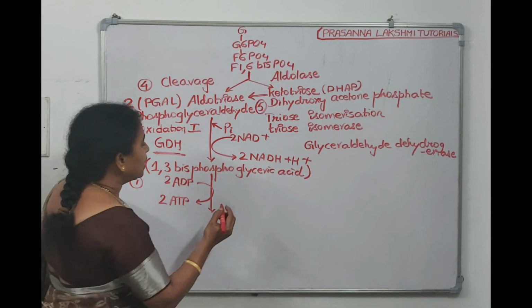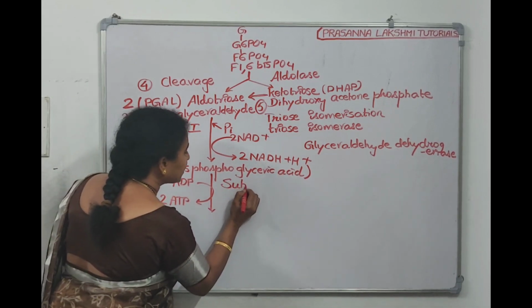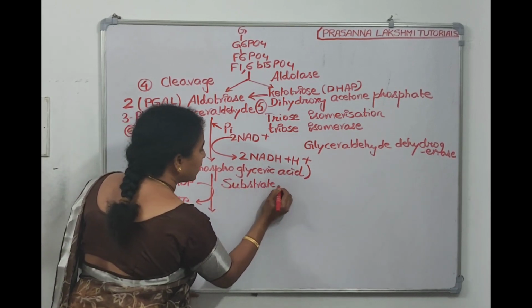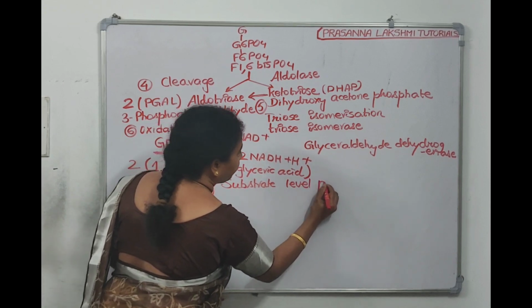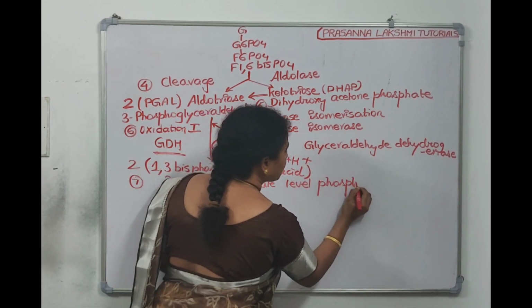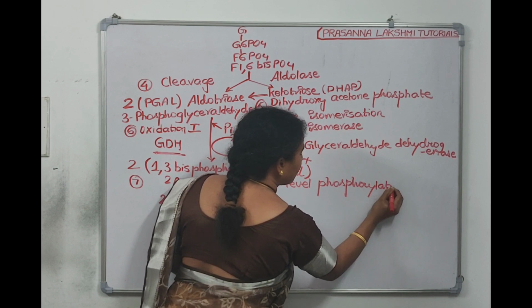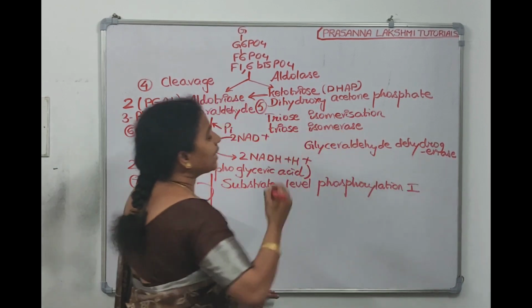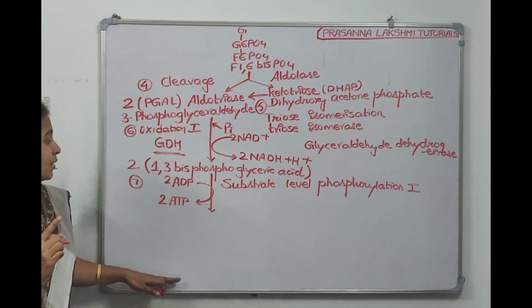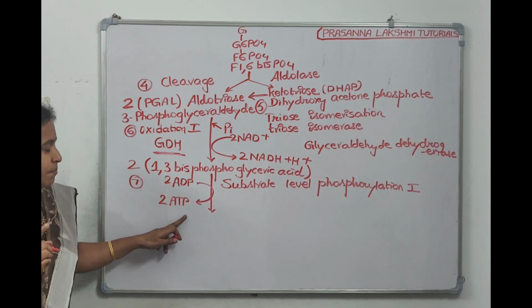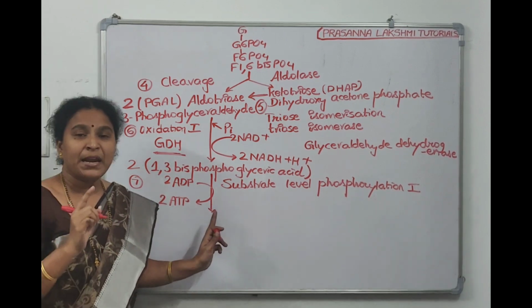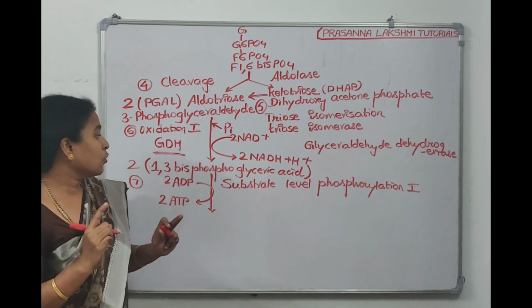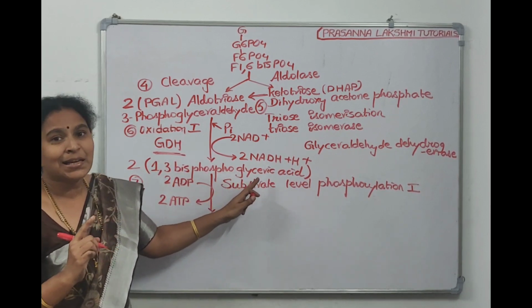Reaction number 7 is to be called substrate level phosphorylation 1. 2 ATP molecules are made. Wherever ATP is made, the enzyme will be called kinase. So it is called phosphoglycerokinase.